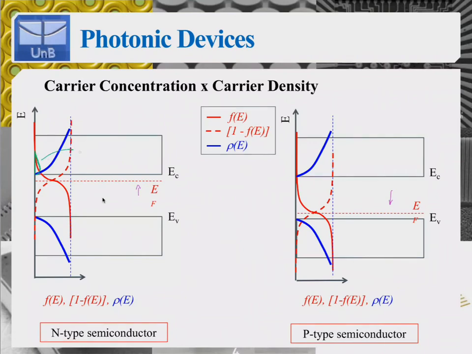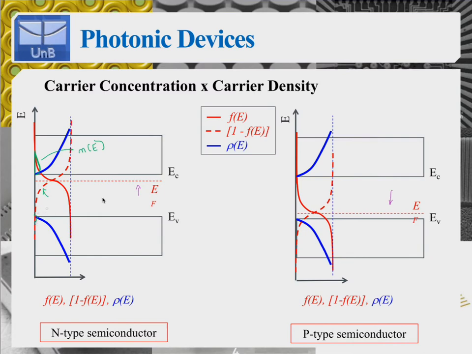And this is now N of E, the carrier density N of E. And if you take the product of the probability of occupation for holes, which is the dashed curve here, by the density of states in the valence band, you get something much smaller.